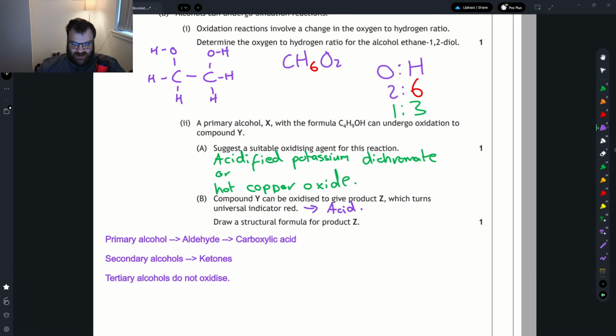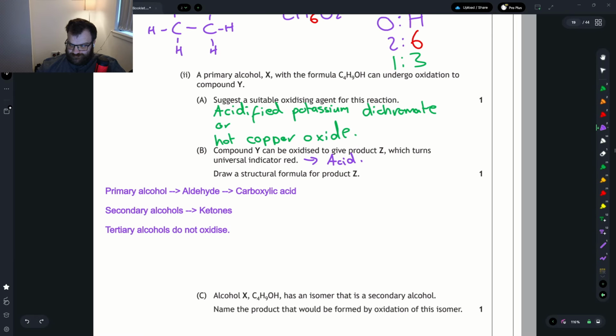We are dealing with 4 carbons. Now there's only one answer for this part because to be a primary alcohol, you have to have the OH on the end of the chain, which can then form an aldehyde with the C double bond O, or the carboxyl group on the end.